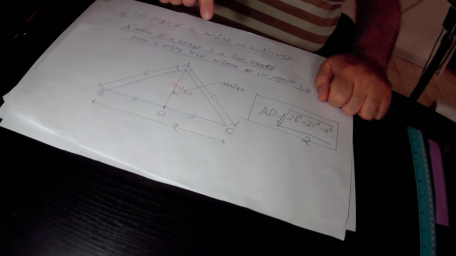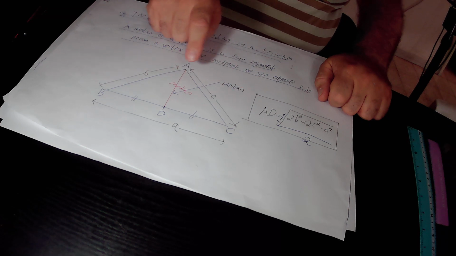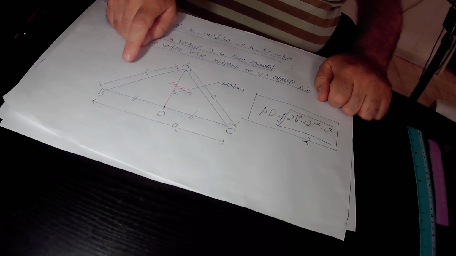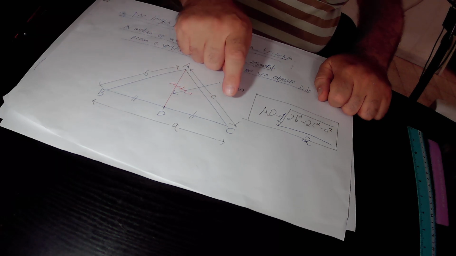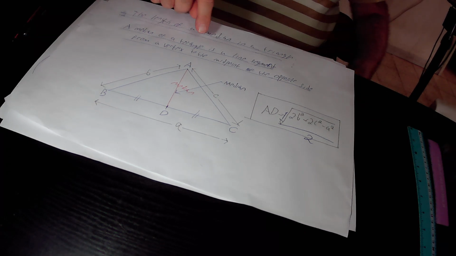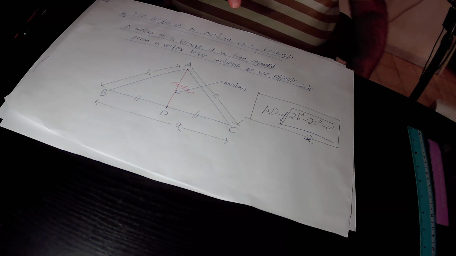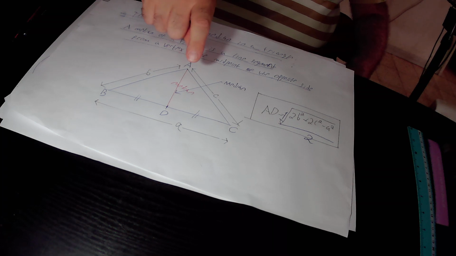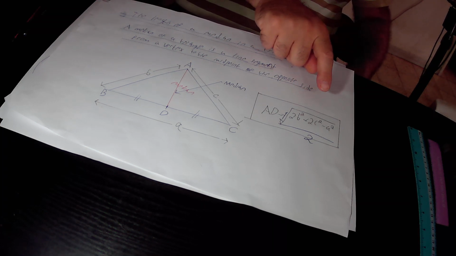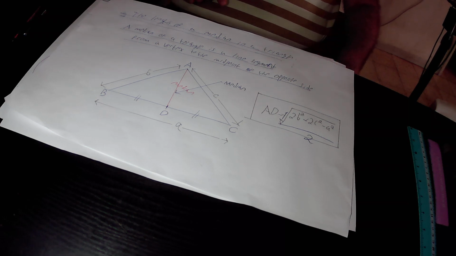It starts from the vertex and connects the vertex A to the midpoint of BC. That is to say, it bisects side BC into two halves. The first half is BD and the second half is DC. But what is the length of the median AD? According to the formula, the length of the median AD is equal to the square root of (2b squared plus 2c squared minus a squared) over 2.